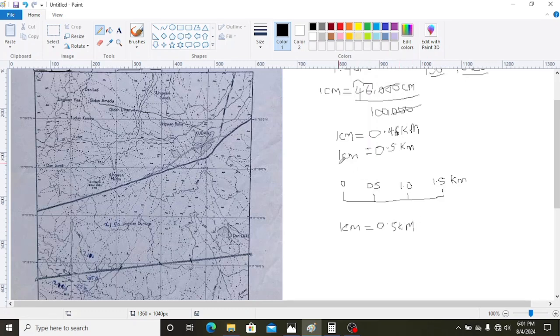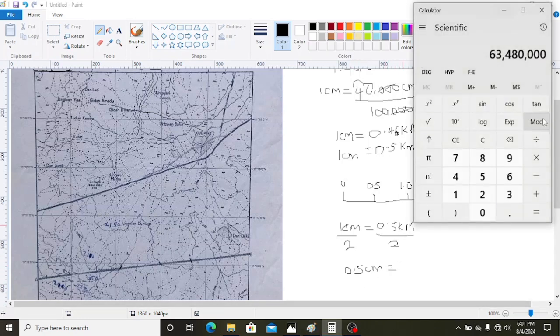If we want to use 0.5 centimeter, we must divide this by 2, and this one too we must divide by 2. So 0.5 centimeter is equal to, if we divide 0.5 by 2, what are we going to get?